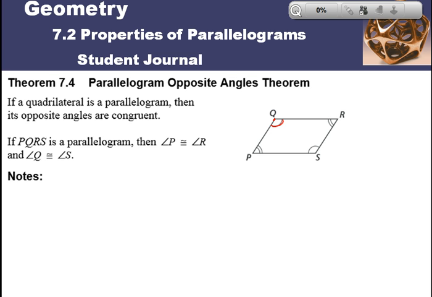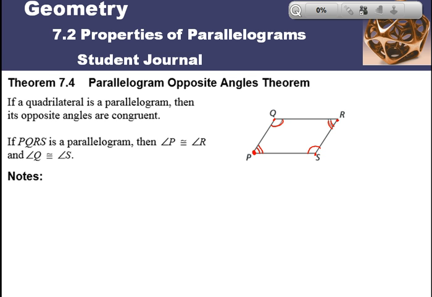And the angle that's opposite it is, of course, angle S. And this is indicated by the arcs, which, remember, indicate that those two angles are congruent to one another. So I know that angle Q is congruent to angle S. And then if I look over here, I have angle P, and it's got two arcs in it, so that's congruent to angle R over here.